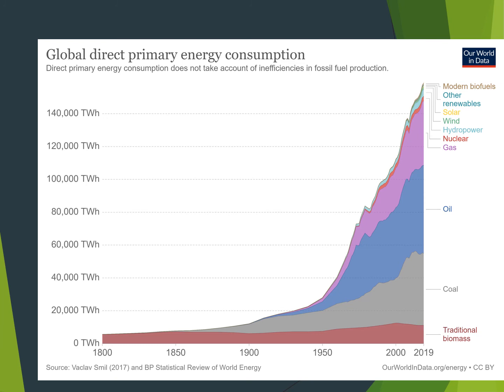Yet you can see from the chart that we are sourcing most of our energy from these sources. And you look at the renewable parts only on the top bits: the modern biofuels, other renewables, solar, wind, hydropower. So still not significant compared to the way we use other forms of energy.